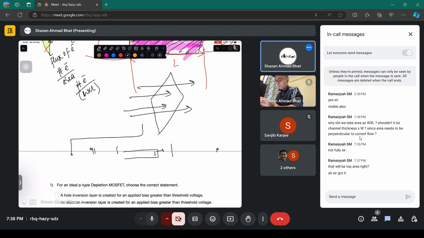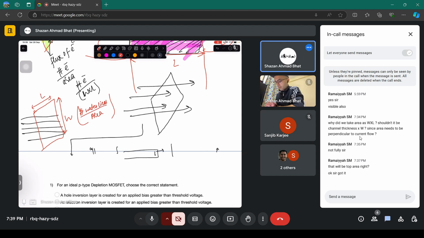Even if the water is flowing, just bring a rectangular frame in front of it, with this side as W and this side as L. Then the number of water lines passing per unit area is the water flux, where the area is W into L, the width into the length of that frame.